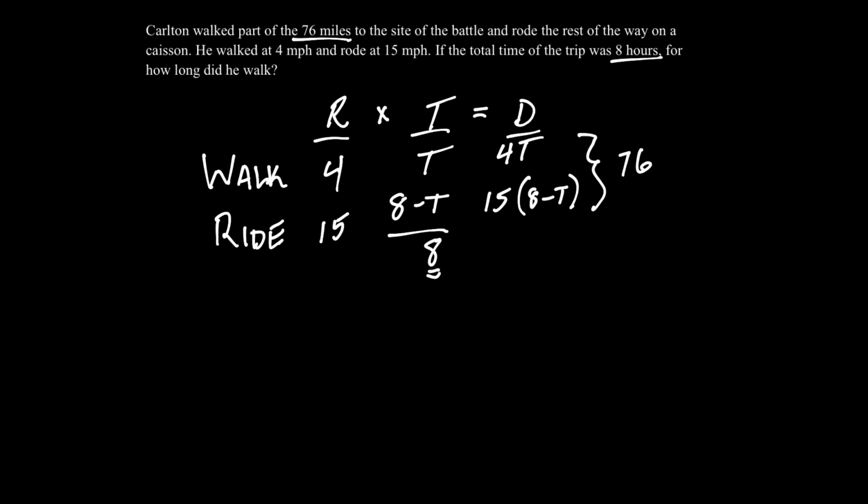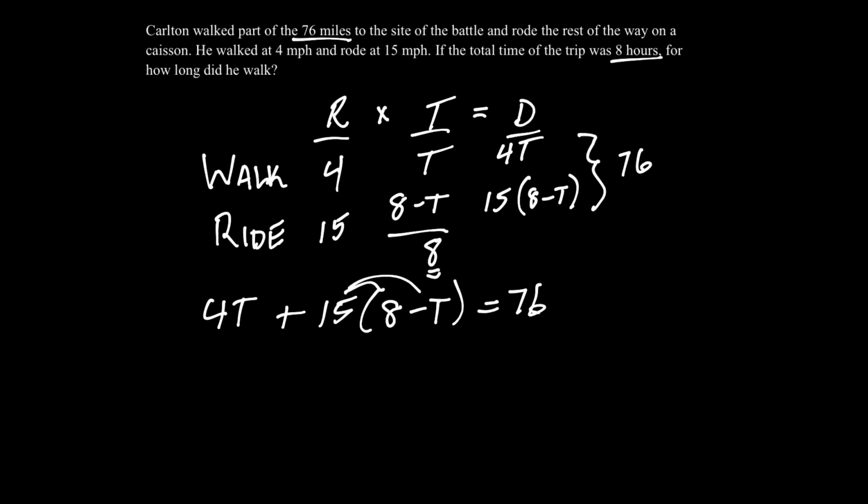So I would have 4t plus 15 times the quantity 8 minus t, and that's going to equal the total distance of 76 miles. So I'm going to distribute my 15 right here. So that's 4t plus, let's see, 15 times 8 is 120, and 15 times minus t is minus 15t, still equal to 76.